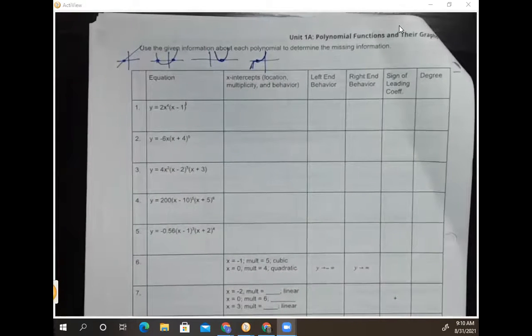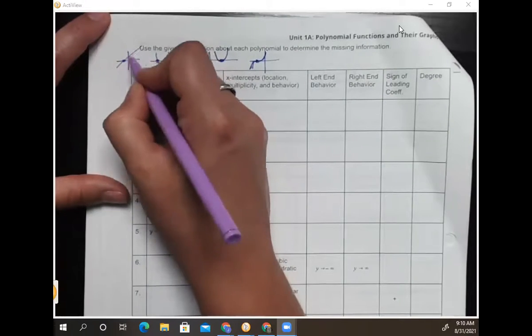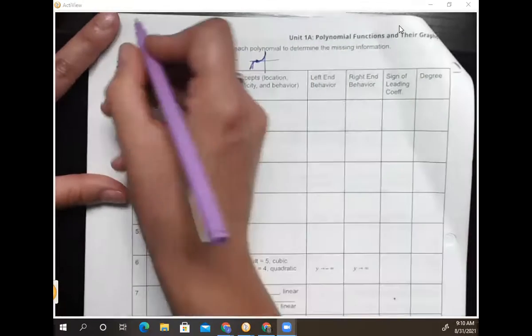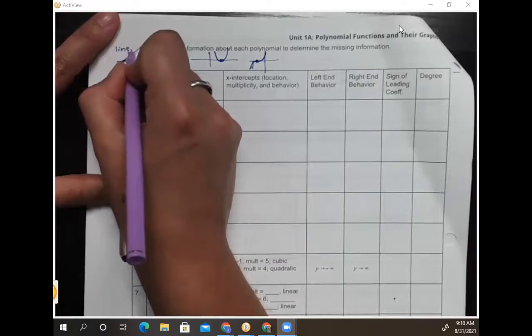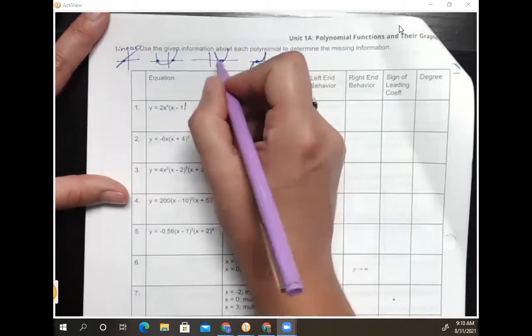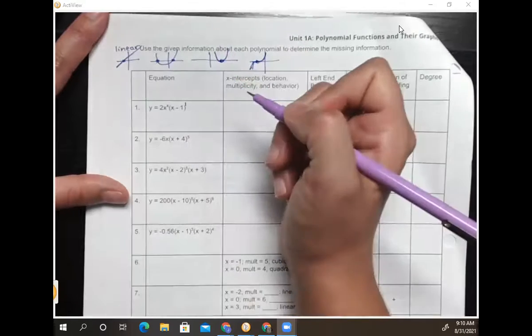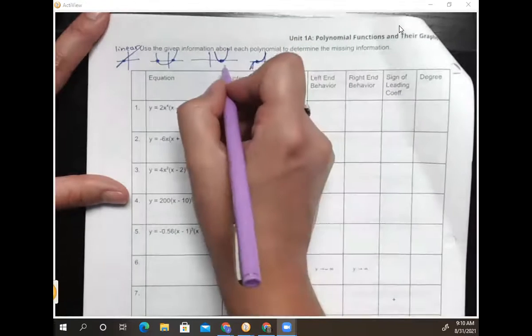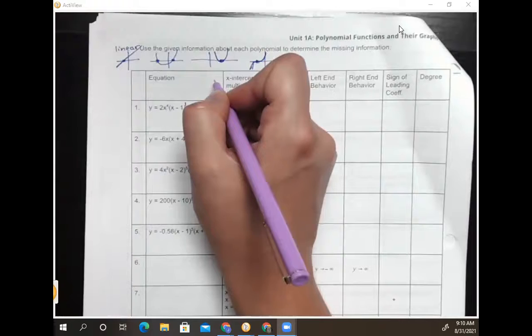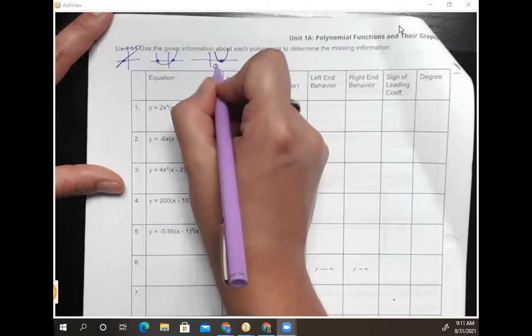So we had different names for each of these that were discussed in your notes. An x-intercept that crosses through the x-axis the same way a line would, we're going to call linear behavior. An x-intercept that hits the x-axis and bounces off and makes a U shape at the x-axis, like a parabola or a quadratic with its vertex on the x-axis, we're going to call quadratic behavior.